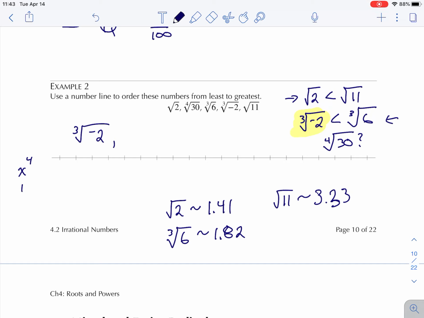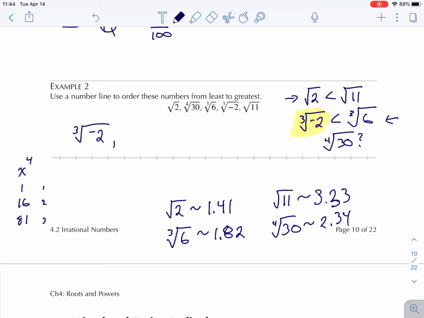So here are my perfect fourth powers: 1, then 16, then 81. This is 1, this is 2. So 30 is between 16 and 81. So the fourth root of 30 is going to be about 2 point something. Maybe 2.2. But in order to do a good comparison, I need more precision than that. So I'm going to have to use a calculator to get a decimal approximation. 2.34.